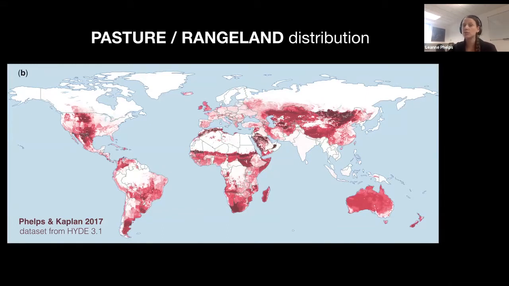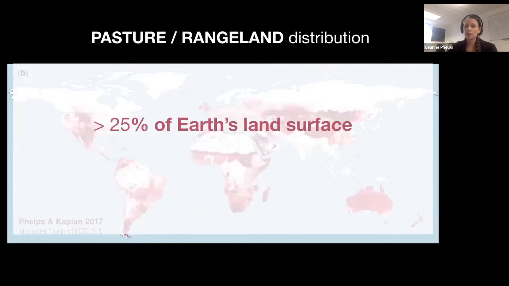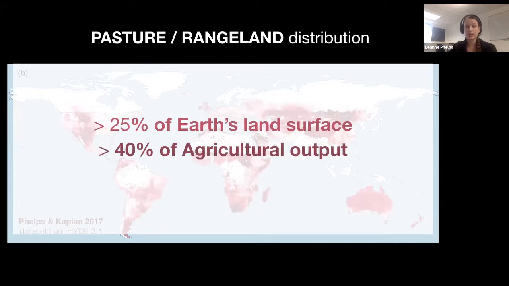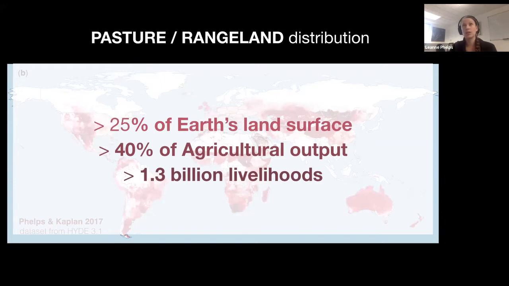Well, it's the most extensive form of used land globally. It covers more than 25% of Earth's terrestrial land surface. It supports more than 40% of agricultural output, and it supports more than 1 billion livelihoods. So it's a big deal, and it is likely to affect ecosystems in varying but very broad manner.